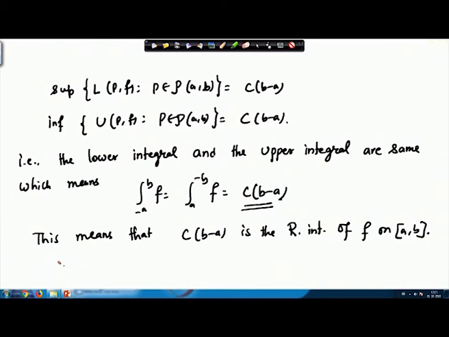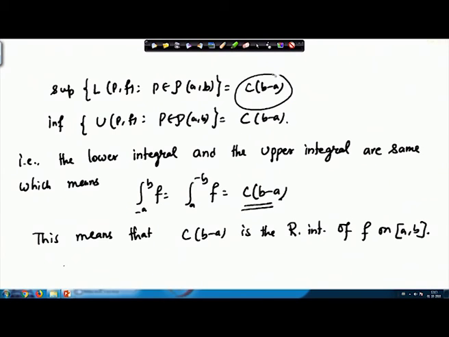So, for this constant function f equals c, we were able to show that this constant function is Riemann integrable on the closed interval a comma b. For that, of course, we needed to calculate the upper sum and lower sum, which was basically c times b minus a, and if we take the supremum of all such lower sums and the infimum of all such upper sums over the set of all these partitions, then you always get c times b minus a.